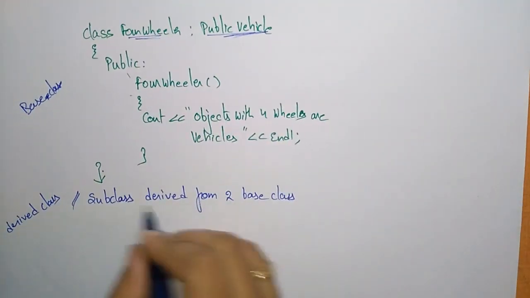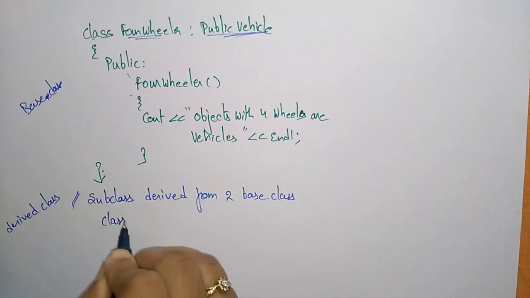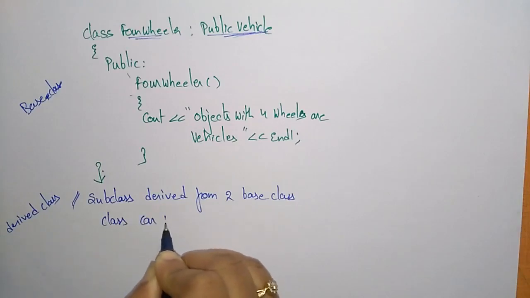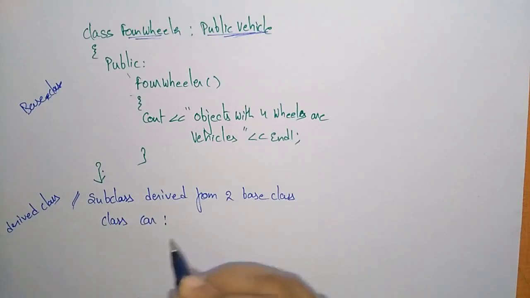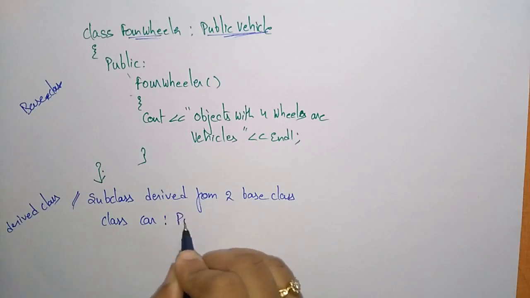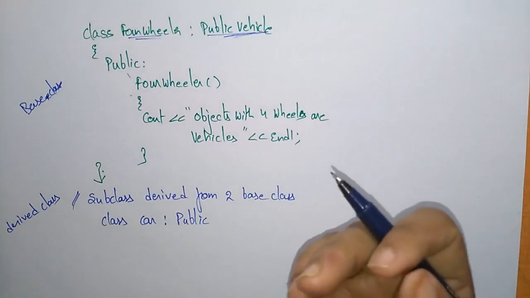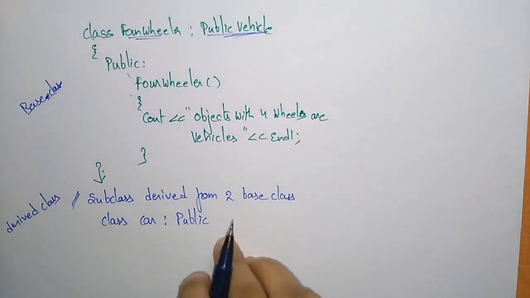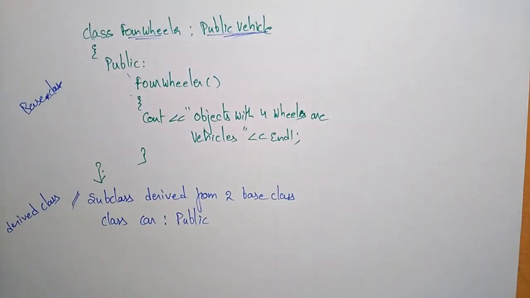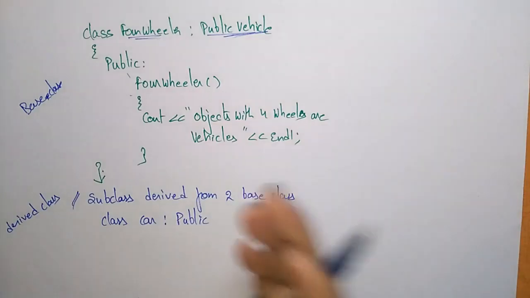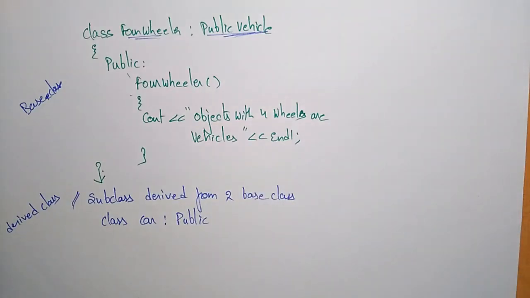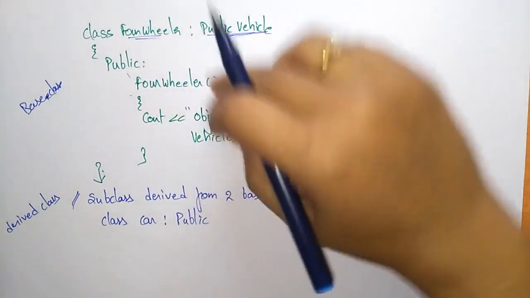So what am I writing here? The class car is the derived class name, and it inherits from public four-wheeler. In multiple inheritance I had written public vehicle, comma, public four-wheeler, because at a time it inherits the properties of both base classes. But this is multi-level: from car to four-wheeler, four-wheeler to vehicle.